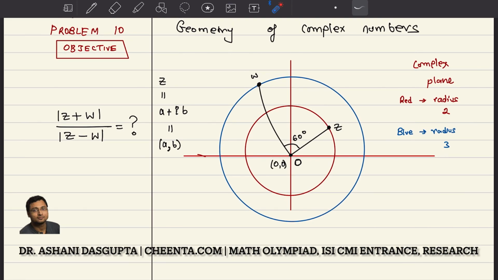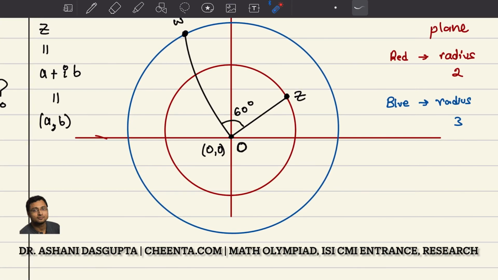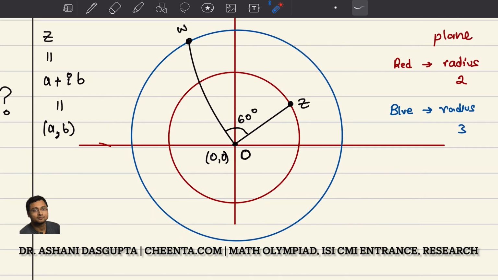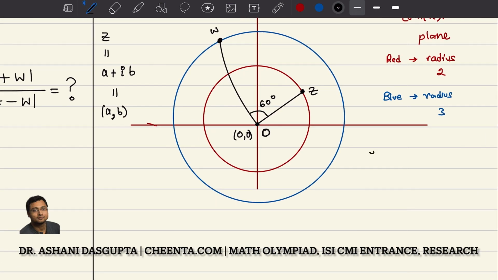One way to solve this problem is to think about rotation and spiral similarity. What we will do is rotate the point OZ by 60 degrees counterclockwise, and also expand the length of OZ by 3 by 2 times.